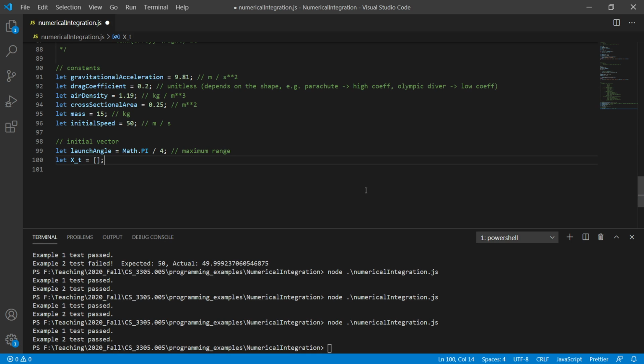Okay, and so our vector is just an array, or in C++, it's actually called a vector. So we're initializing our vector x of t with position at the origin.